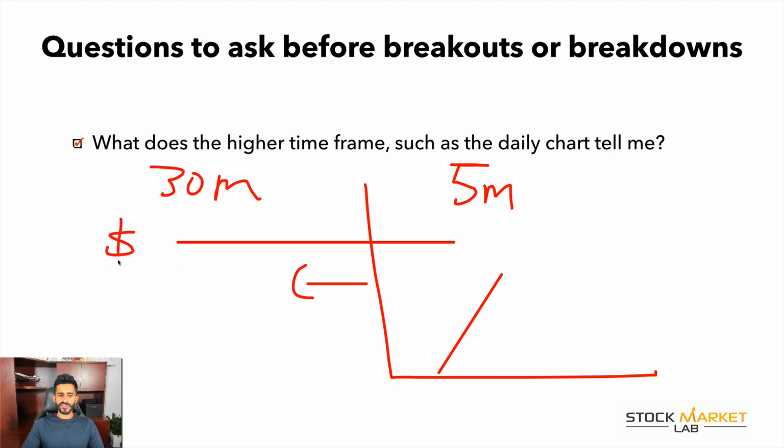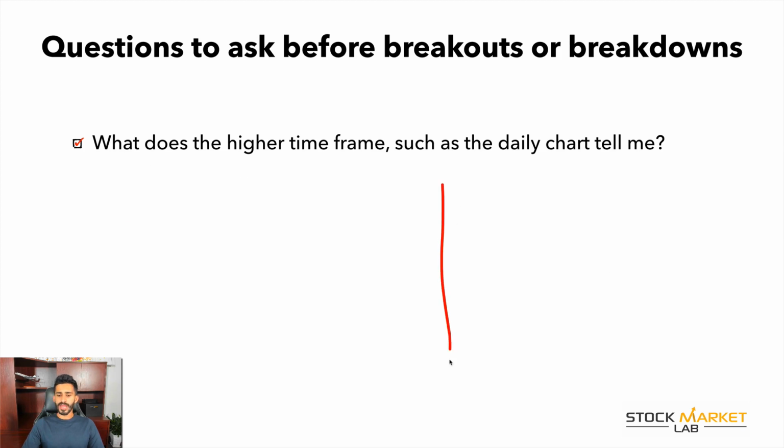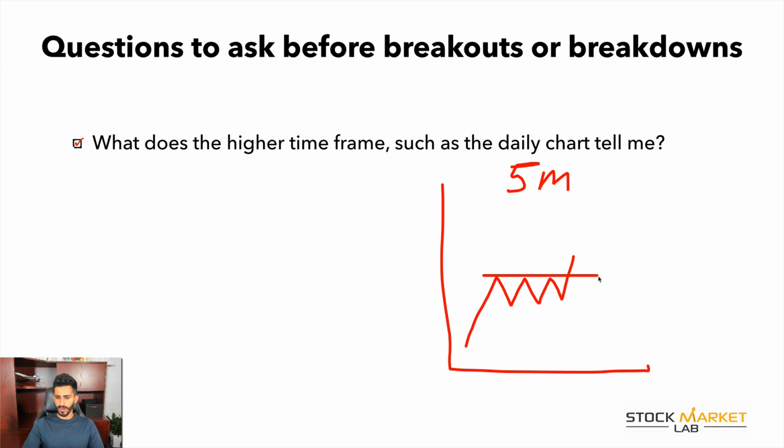So if there's a resistance point, this may not be a strong breakout or strong move up because the stock is going right into a critical level. What tends to happen with a lot of people is when they look at a smaller time frame, the smaller time frame may show you this breakout.